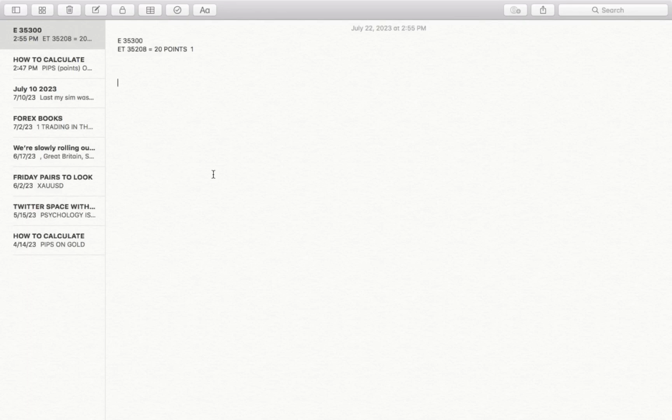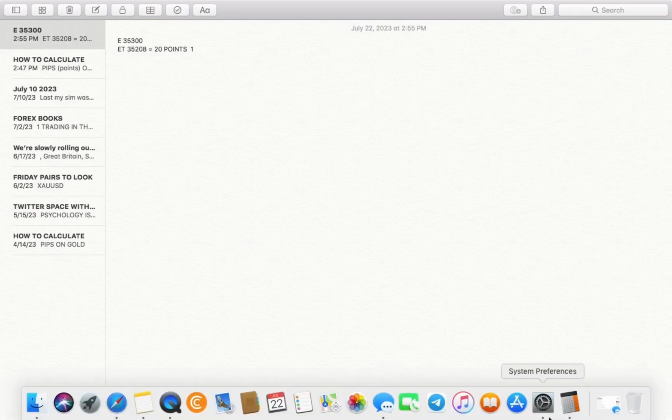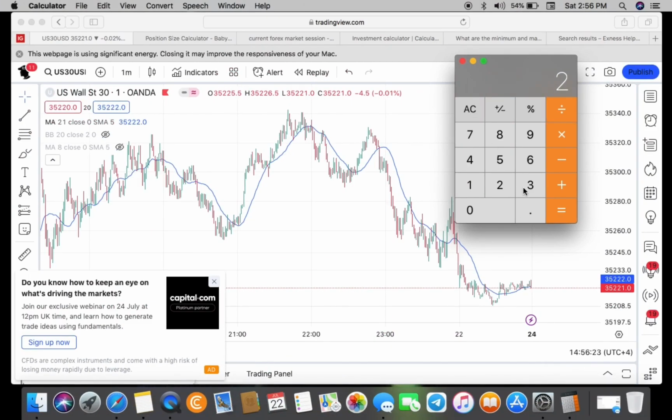So we're going to have the total of, if you see this, 92, right? 92 pips. 35,300 minus 35,208, right? You see 92. So it means we have 92 points, right?